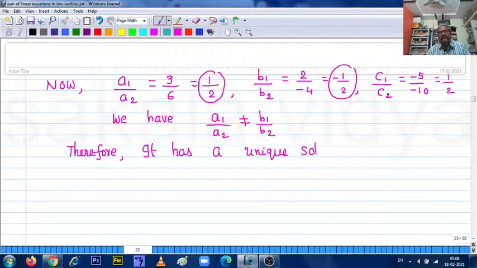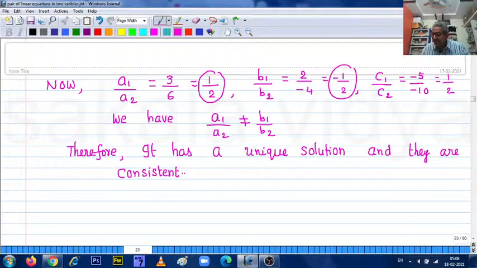Unique solution, and they are consistent. This question is completed. I think you might have understood this question. Once again, you practice it.